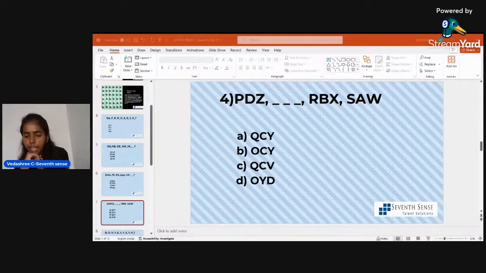Q, C, and Y. Okay, Q, C, Y is the correct answer. So I'll explain the logic here. First consider the first letters, P, R, S. So this is continuous alphabets. P, Q, R, S. So here we got to know the first letter.